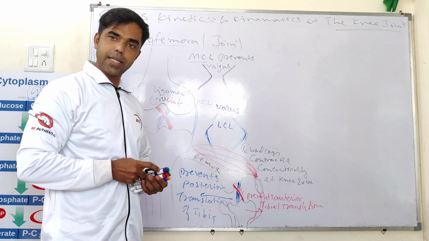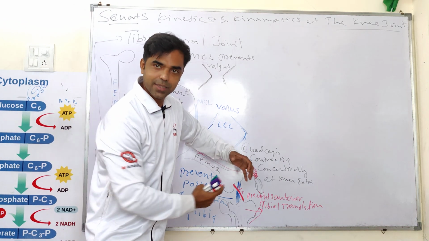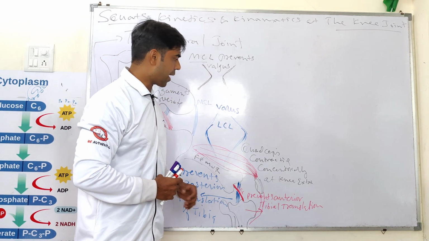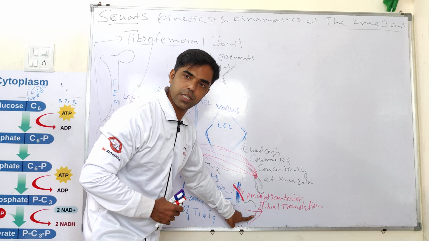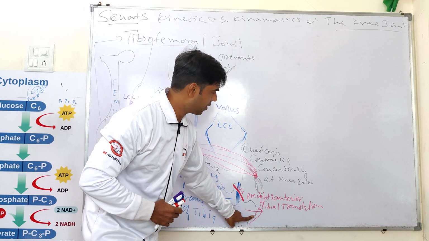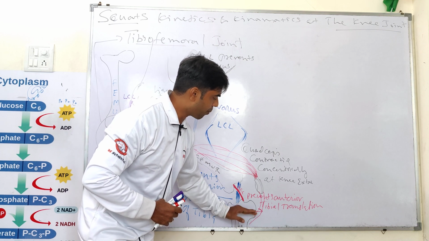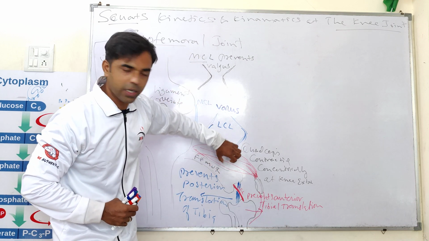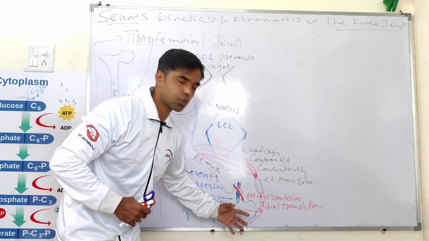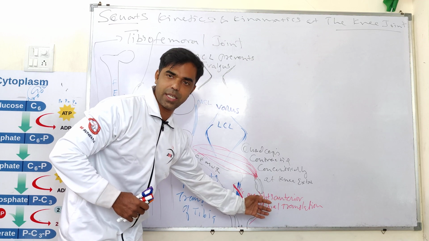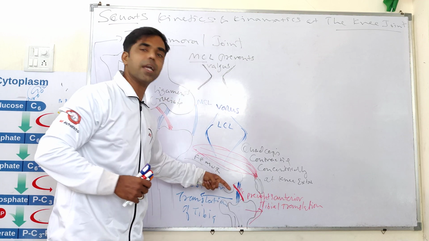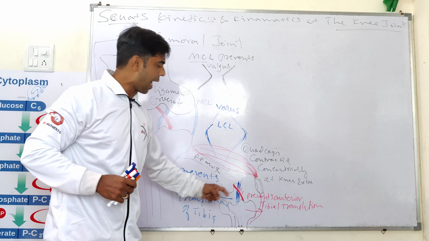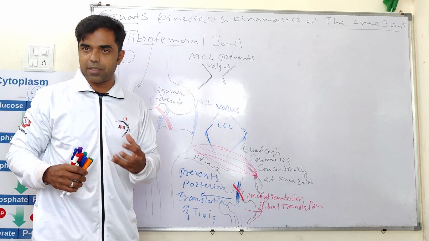The quadricep is contracting while extending the knee, right? At that time there is a pull on the tibia, and if the quadricep muscle is contracting strongly, there will be the strongest pull on the tibia anteriorly. That is prevented by the ACL, but the ACL alone cannot do it.